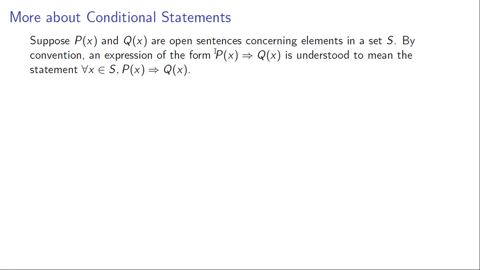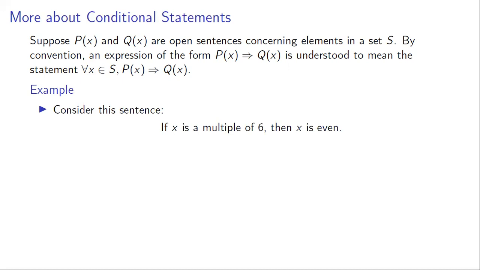So when I say if something, then something, it is understood to mean that it applies to all the elements of the relevant set S. Because these kinds of expressions are so common in math, we have this convention to avoid having to write so much. We don't have to write for all X in S. We just say if this, then this, and we understand it to mean that this should apply to all the elements of the set.